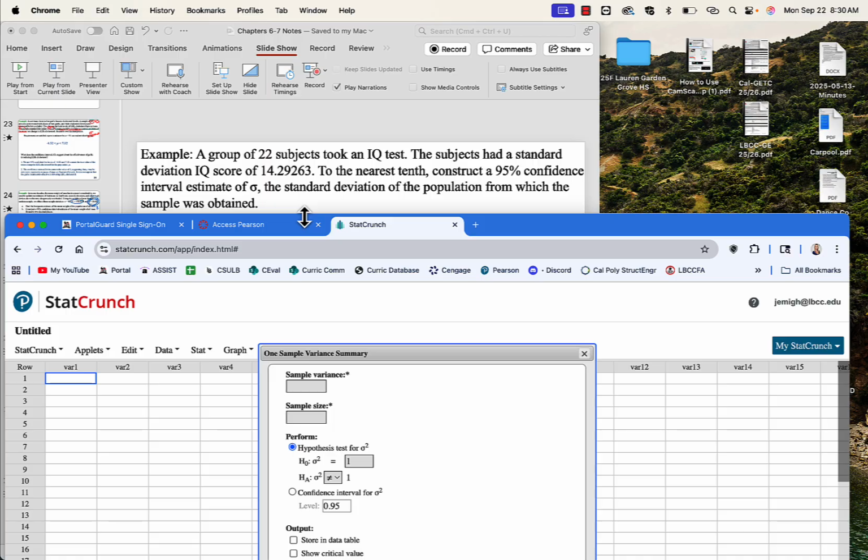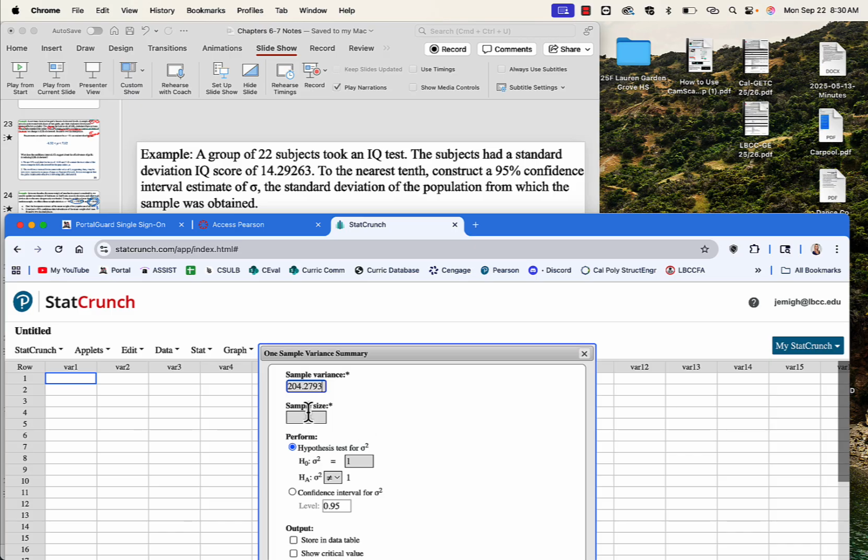So take out a calculator, 14.29263 squared gives us our variance of 204.279. I'll go with 3, round it off there.